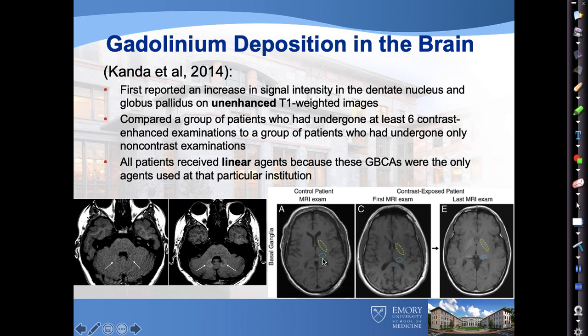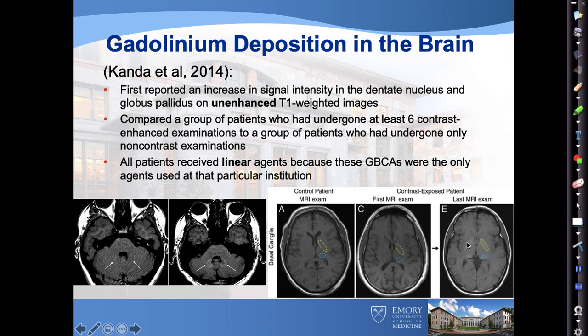And then over here we have the control patient, where the patient had not yet received gadolinium-based contrast agents, and you cannot see an increase in signal intensity in the globus pallidus. After their first exam with contrast, you can't really even see an increase in signal intensity on unenhanced T1 weighted images.